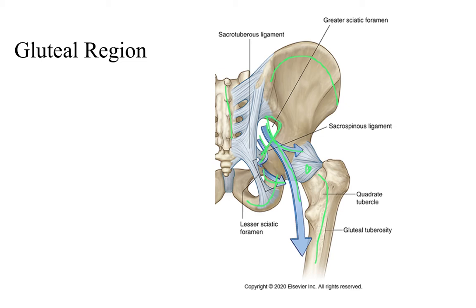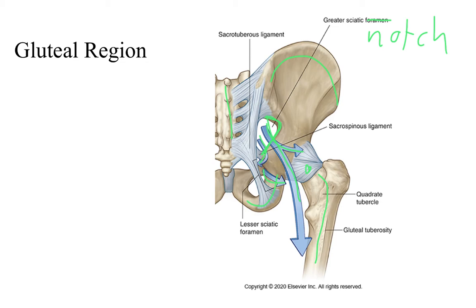here you've already gone through the hip bones and the different parts of it, and one of the things you saw was the greater sciatic notch. All right, and that's how you see it when you're looking at a skeleton in the laboratory.